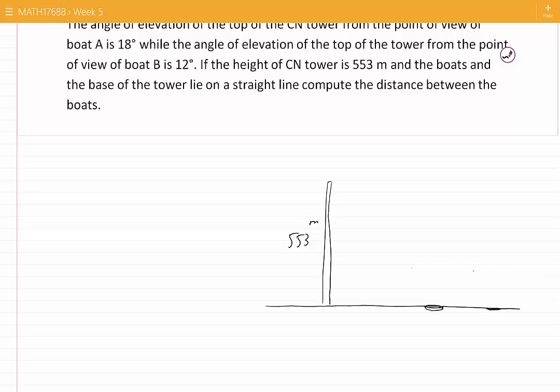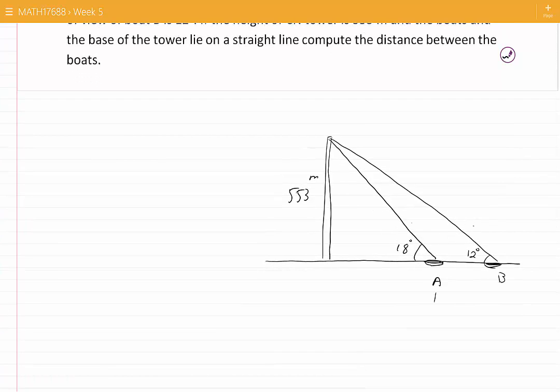Boat A, which is closer to the tower and therefore has a larger angle of elevation for the top of the tower, which would be 18 degrees, and boat B, which is farther from the base of the tower and records 12 degrees for the angle of elevation of the top of the tower. The question is asking for the distance between A and B, which I show by X.